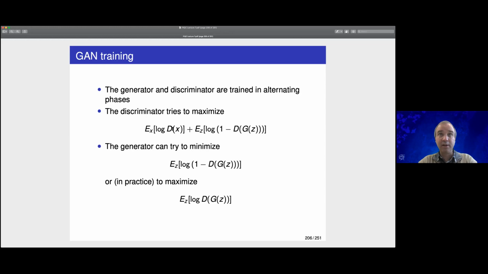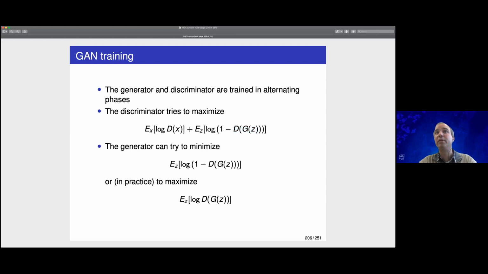Okay, so you see here that, for instance, if we define label real as 1 and label fake as 0, then we try to maximize this part here. We want to make this D(x) as big as possible, because then for real data we are outputting label 1. And we try to make this big, which is the same as making this small, so close to 0.